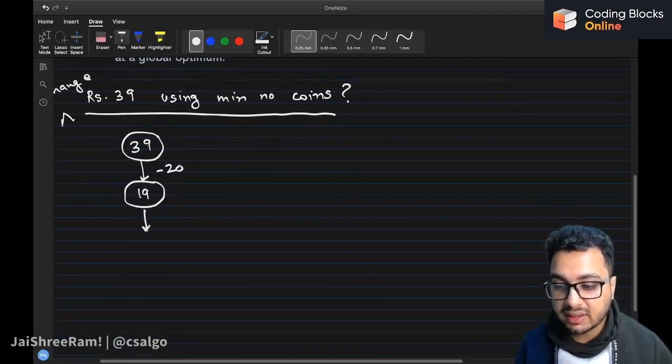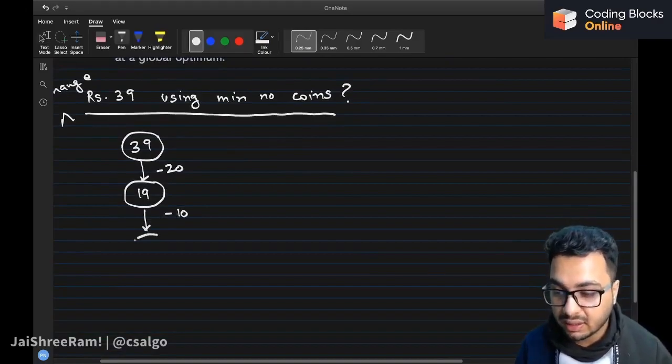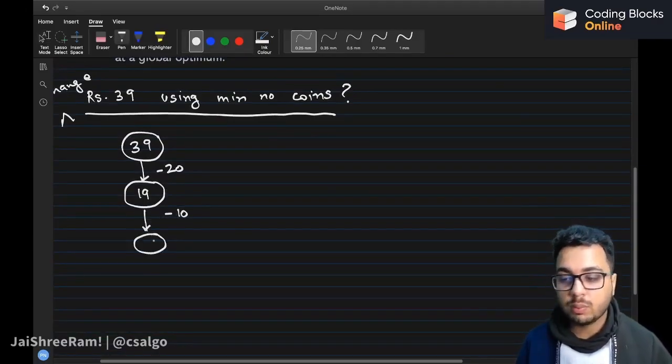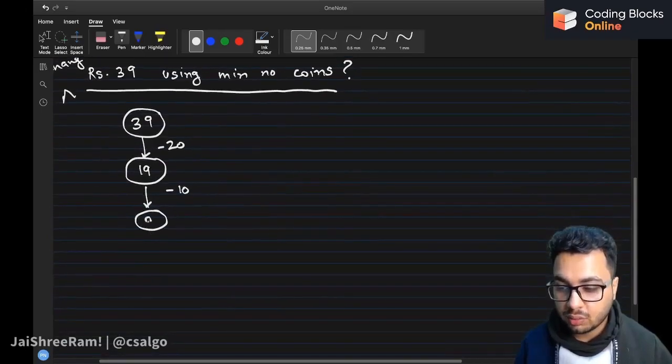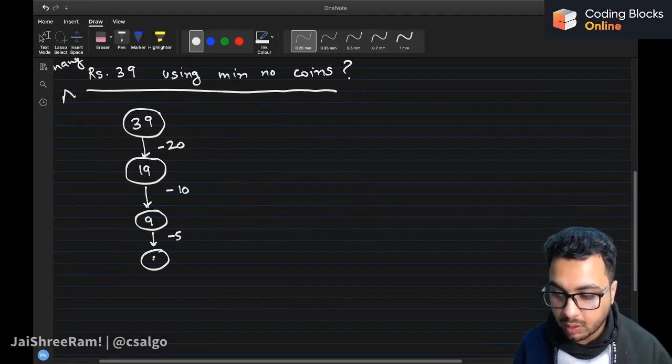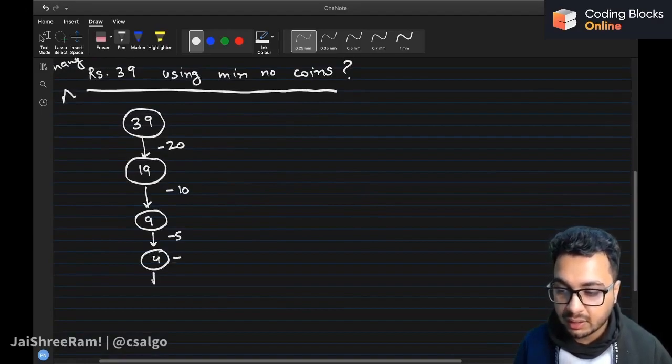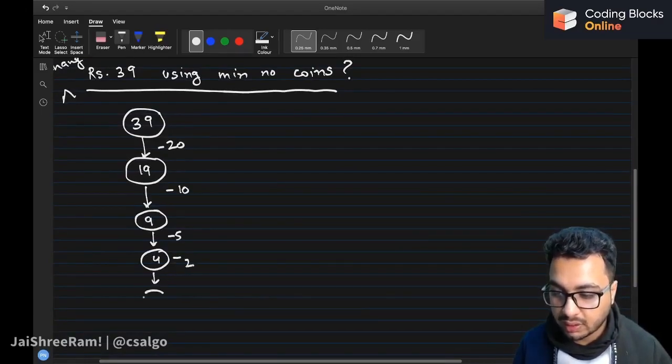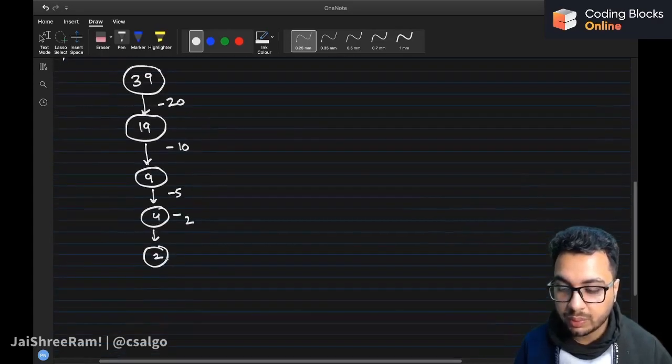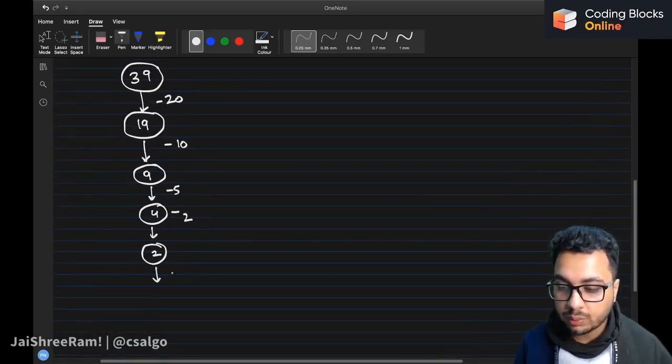From 19 I will pick a 10 rupee note, and I can reduce this problem to 9 rupees, and then I can pick a 5 rupee coin and reduce this problem to 4 rupees. I can pick a 2 rupee coin and reduce it to 2 rupees. I can still pick a 2 rupee coin and reduce this problem to 0 rupees.